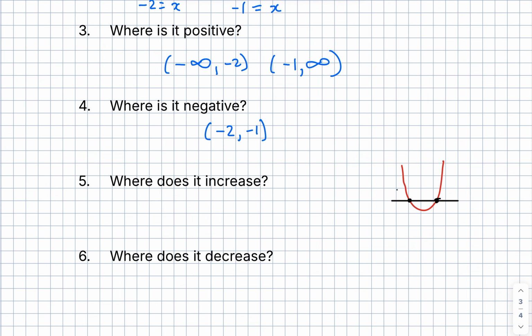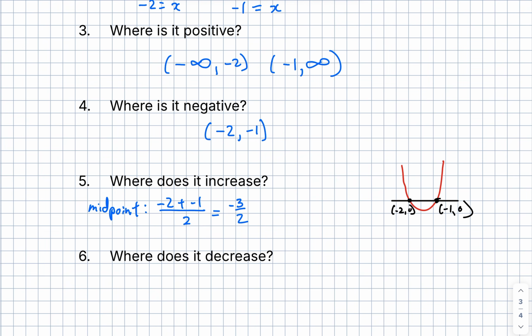And we know that this coordinate is negative 2, 0. And this is negative 1, 0. So we would find the midpoint by adding negative 2 and negative 1, and we divide that by 2. Okay? And that works out to negative 3/2.